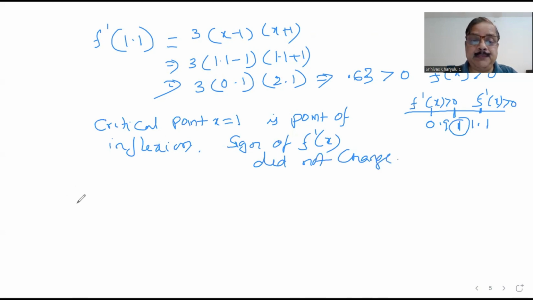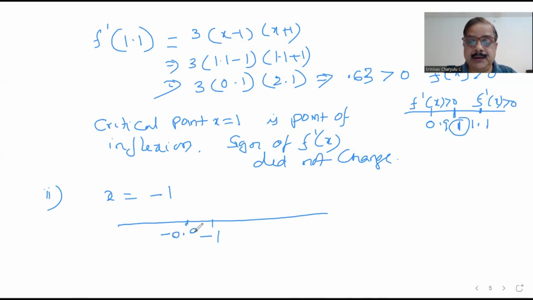Let us study the second point. What is our second point? x is equal to minus 1. So around this minus 1, we take minus 0.9 on the right side and minus 1.1 on the left side.